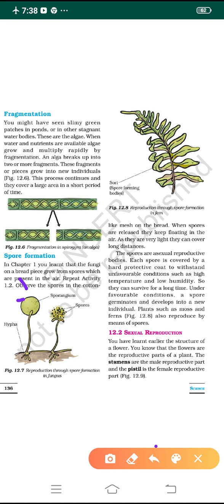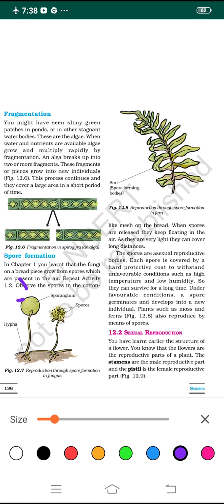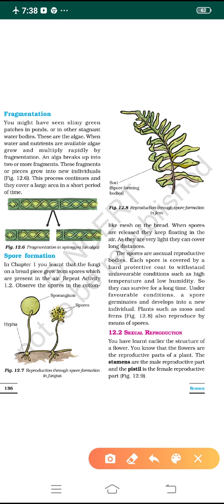This hard protective coat allows the spore to withstand unfavorable conditions, meaning temperature, cold, hotness, whatever it is. It helps to protect itself from unfavorable conditions such as high temperature, low humidity and coldness, so it can survive for a longer time.